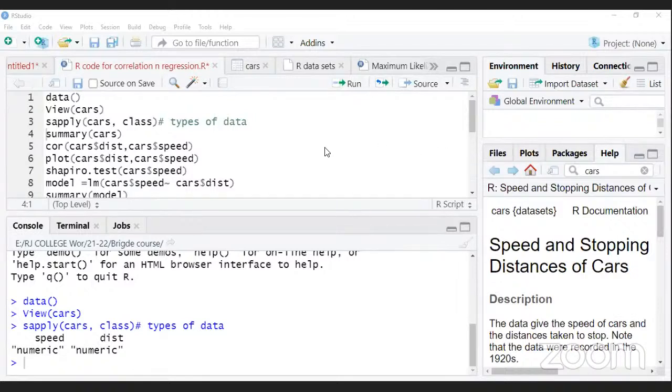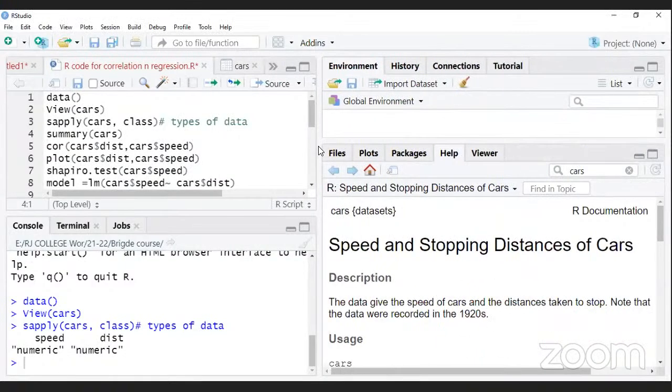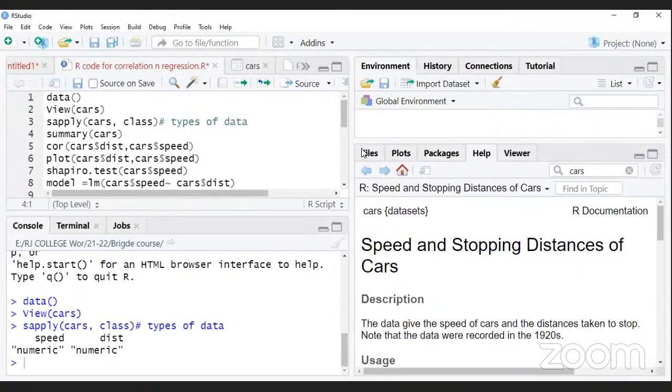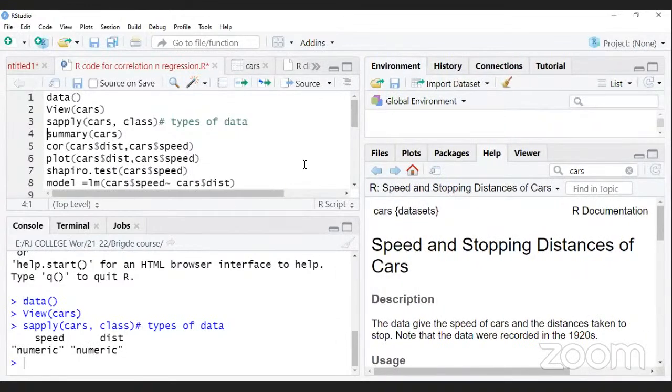This is a software known as R Studio software, or sometimes it is said Art Studio software. There are 4 types of windows. This is the first window, known as the script window, where we write the command. Below this is the console window.